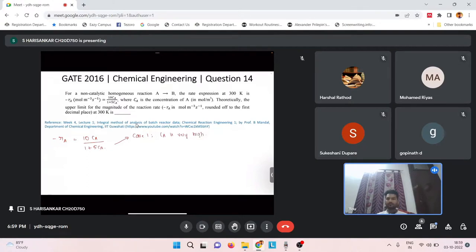Since Ca is very high, the term 5 Ca in the denominator will be much greater than 1, so we can neglect this 1. So the reaction rate will become minus Ra equal to 10 Ca by 5 Ca, and this will be 2. So this is basically a zero order reaction.